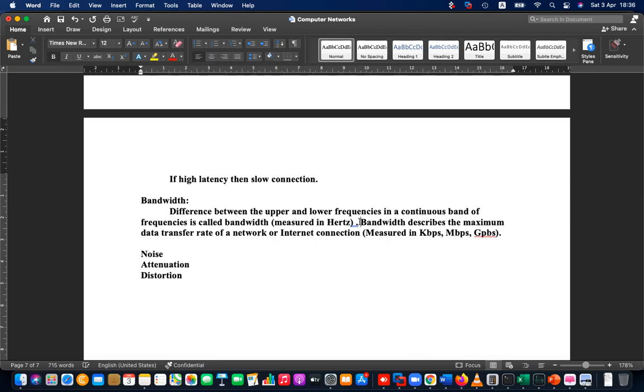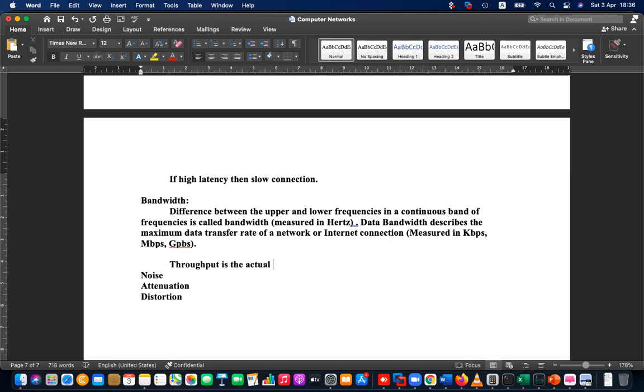Especially, you can write down data bandwidth. Throughput is the actual amount of data delivered within a specific time.